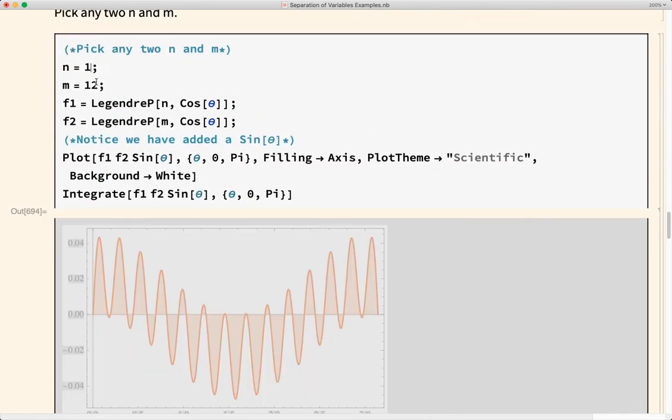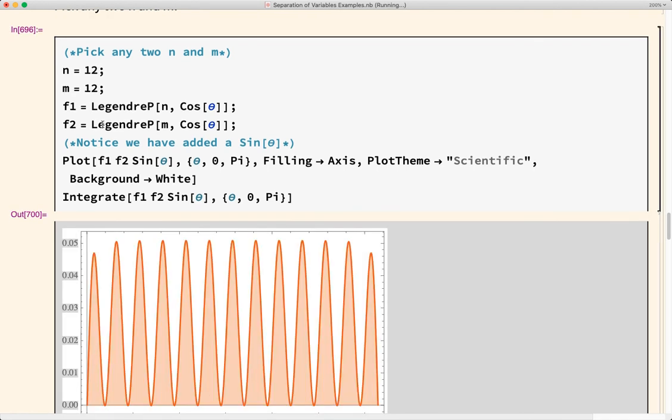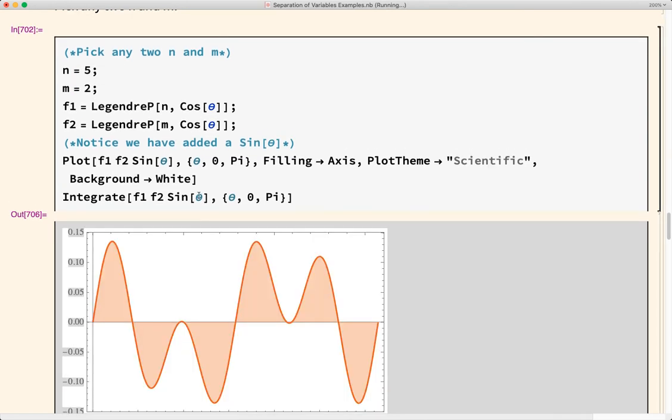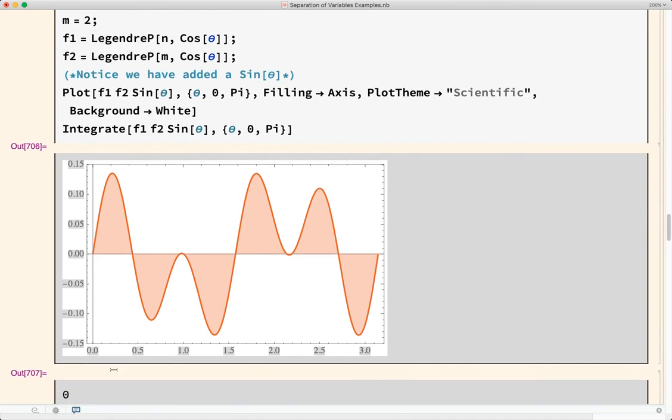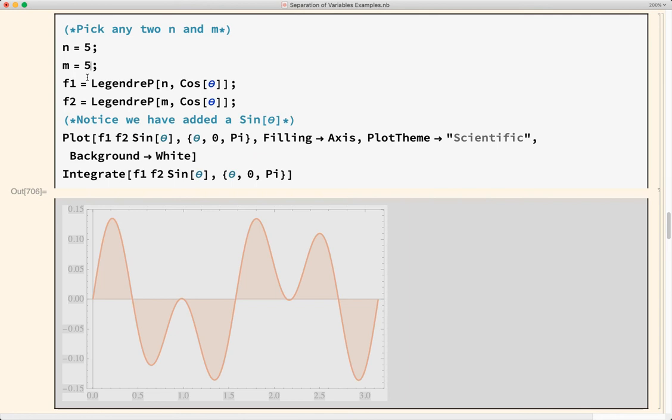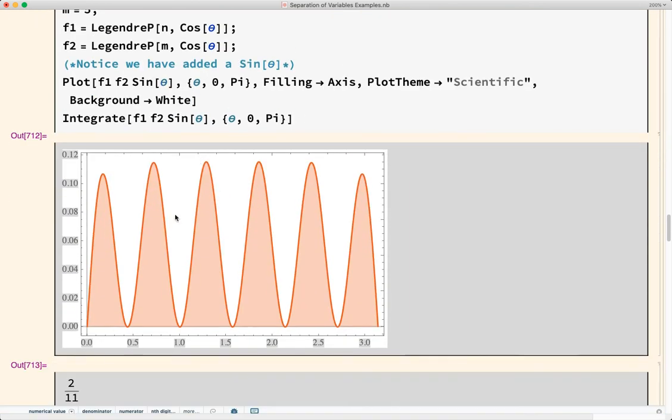But if n and m are the same, then I'd get something that wouldn't integrate to 0. So we can play around with that. Here, and again, I am doing the integral, so that is 0 there. And if I make them both 5, I get a different answer.